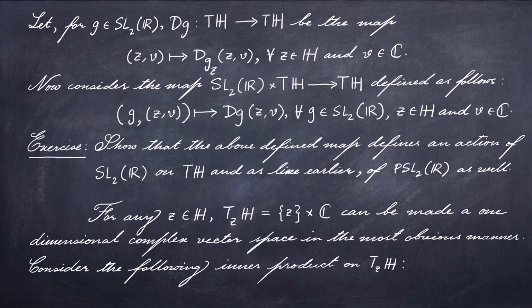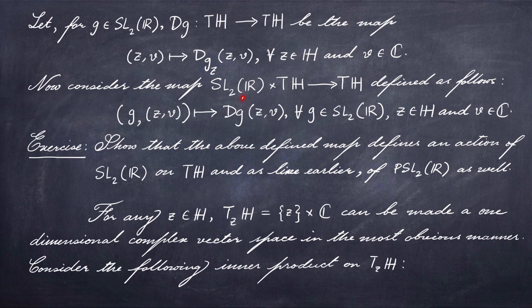Okay, so for each G we obtain a map from the tangent bundle of the upper half plane to itself defined in this way. And finally, this gives rise to the following action of the group SL2R on the tangent bundle. So how is this action defined?